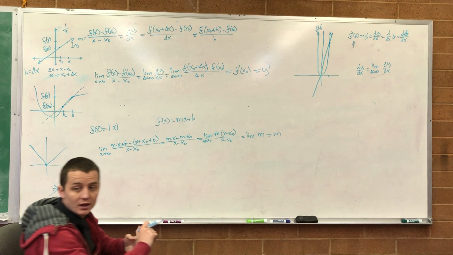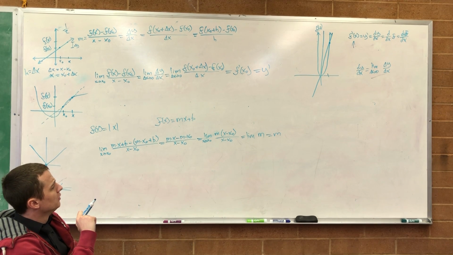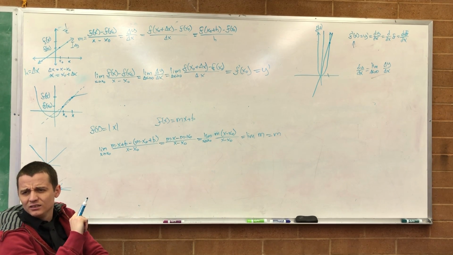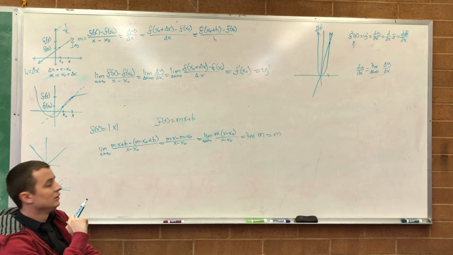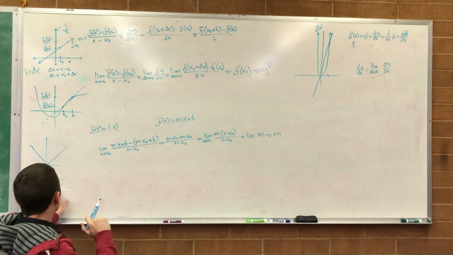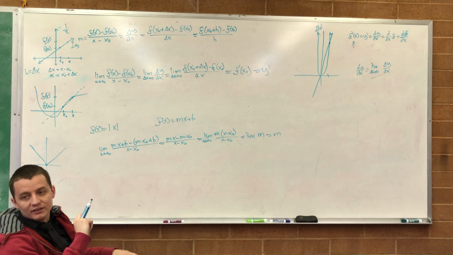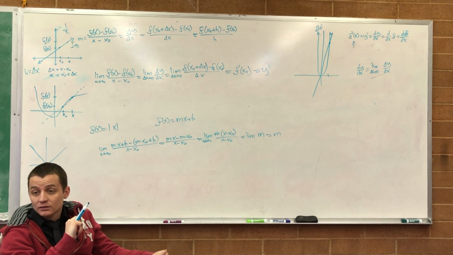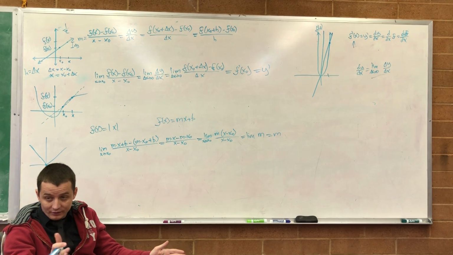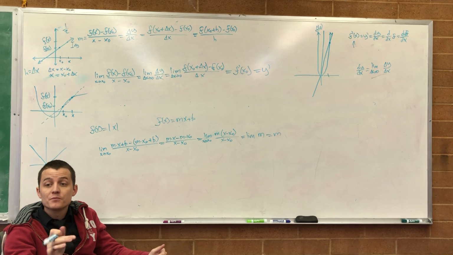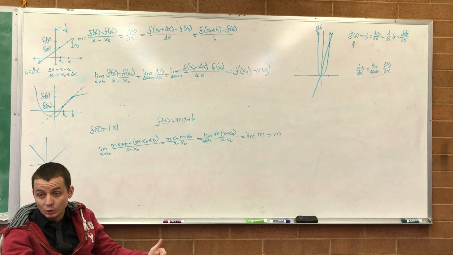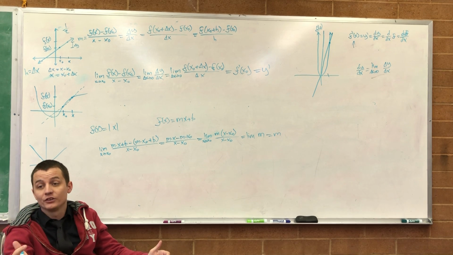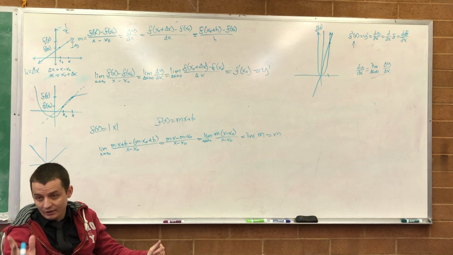Wouldn't that just be undefined? Because on the absolute value there's that sharp point, wouldn't it be undefined at that point? We'll get to that. Remember that a derivative is a limit, and a limit exists when the left-hand limit and the right-hand limit give us the same thing.